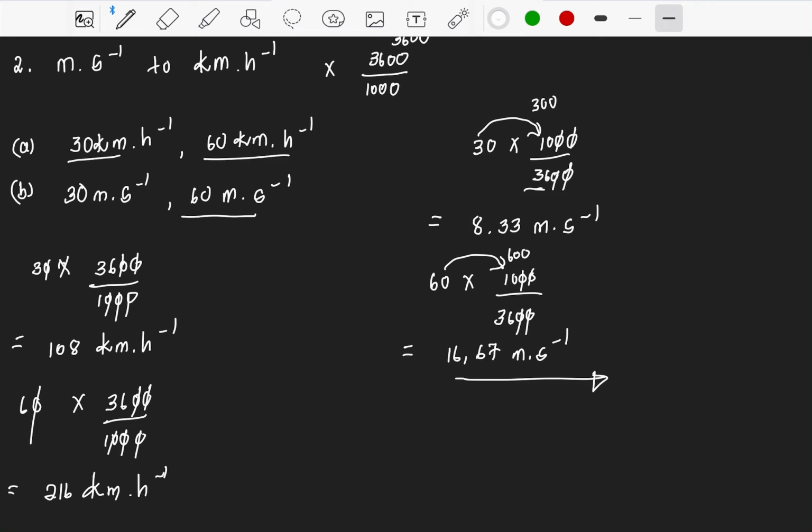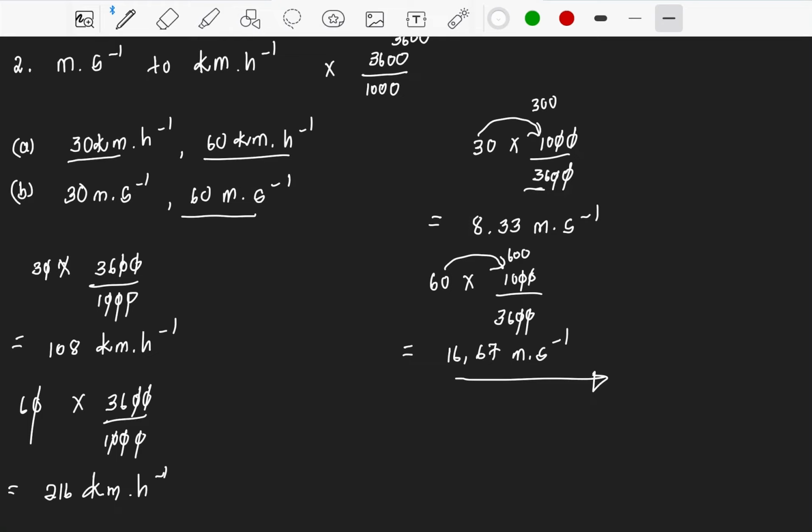So in summary, basically what you need to remember is that when you convert meters per second into kilometers per hour, the value of the speed is usually much bigger than that of the velocity, right? So it means that you are going to have to multiply by a bigger number than the one that you will have to multiply with when you are converting kilometers per hour to meters per second.